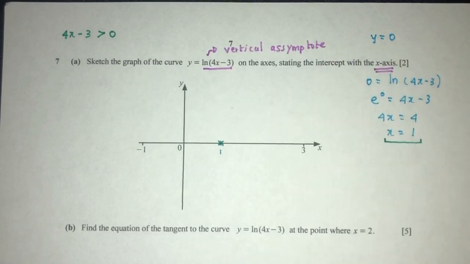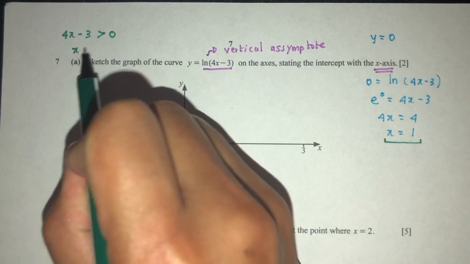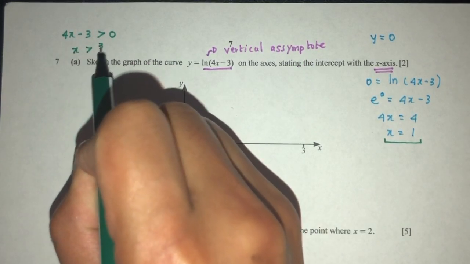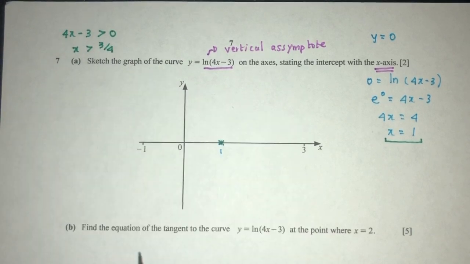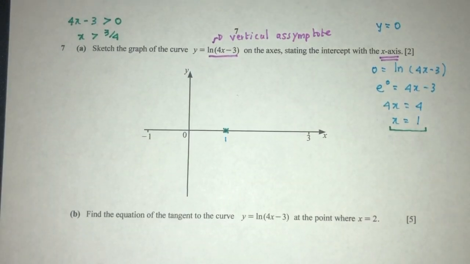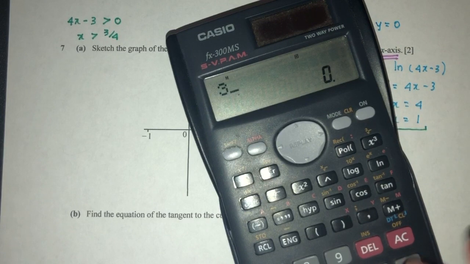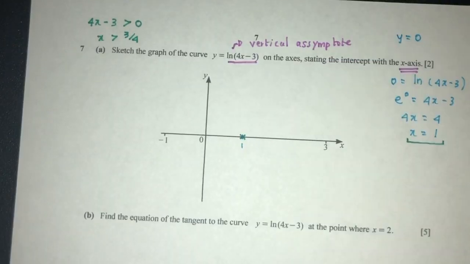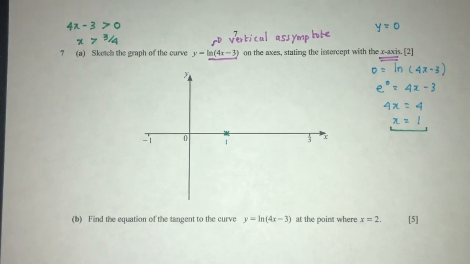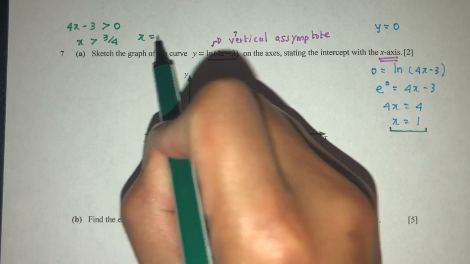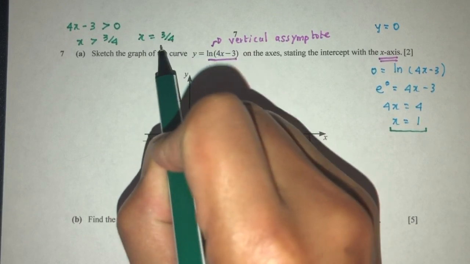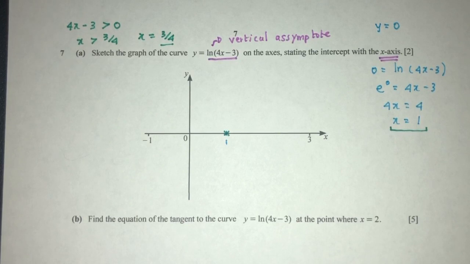It has to always be more than 0. That's the main idea behind this vertical asymptote, which means x has to always be more than 3 over 4, which is 0.75. You can check: 3 divided by 4 is 0.75. So this is the line when x is equal to 3 over 4, my vertical asymptote.